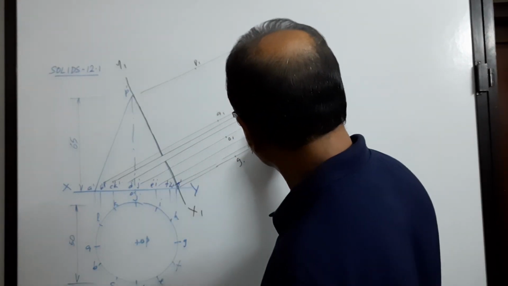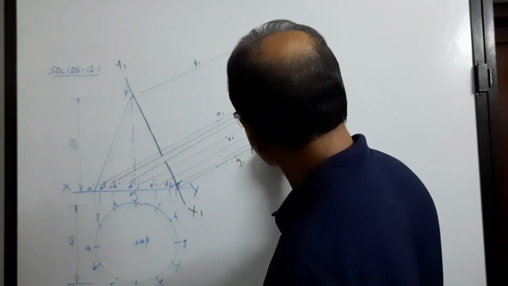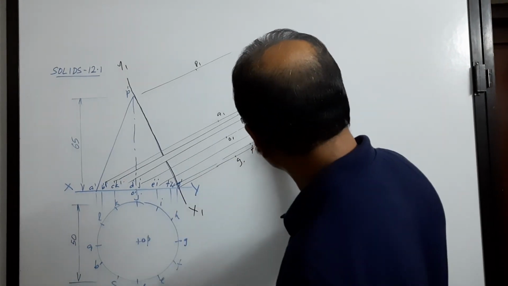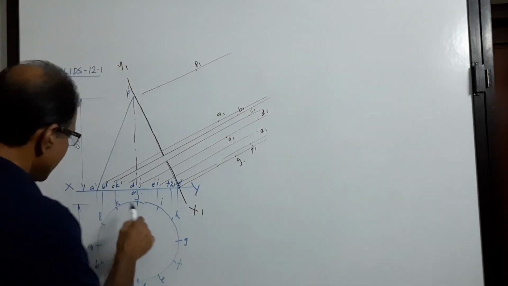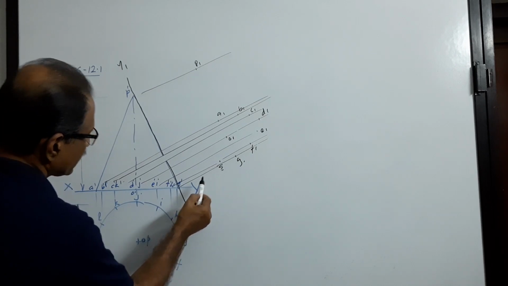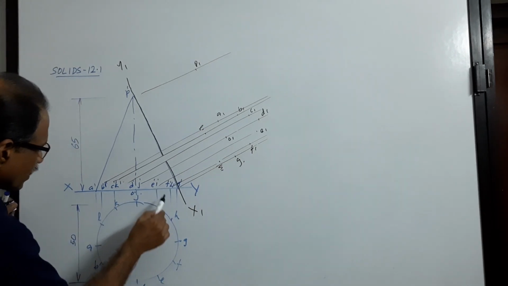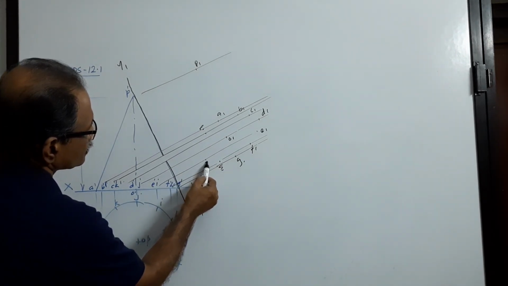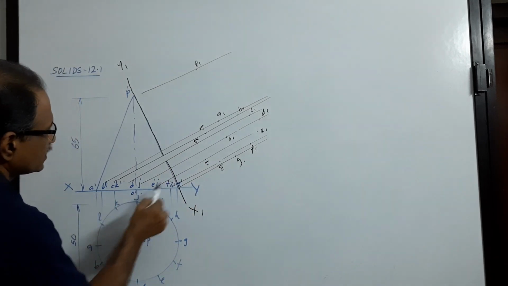C from xy, C1, same is E1. D from xy, D1. Similarly H from xy, same is L1. I from xy, same is K1, and J from xy.